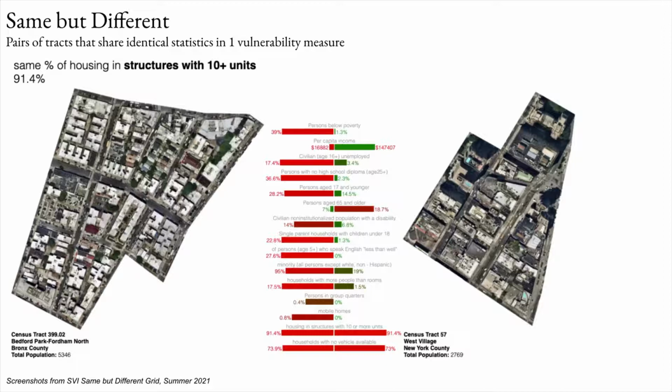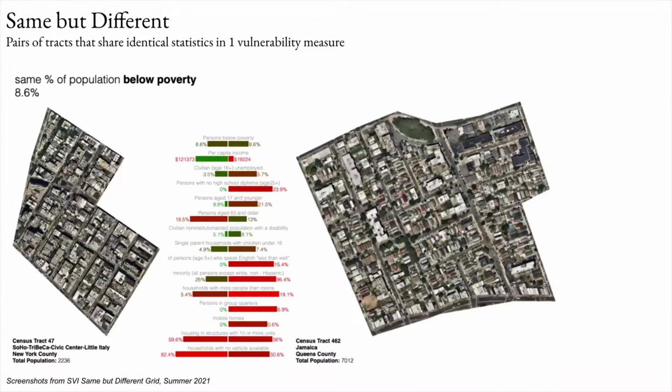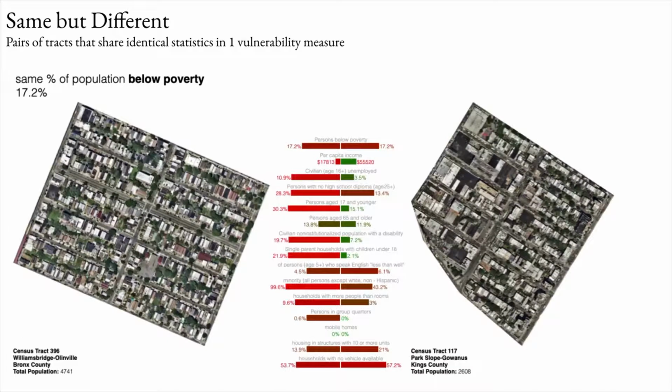Here is another example of a very different pair of places that share large residential buildings. And here are 2 tracts that show that the rate of poverty, because they're identical, could mean very different things. Here's another asymmetric poverty rate pair.